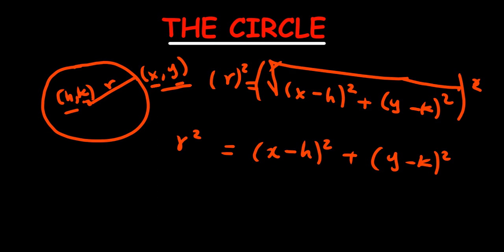So this is the general form of the equation of a circle. Whenever you see something that looks like this, you identify that it's a circle.